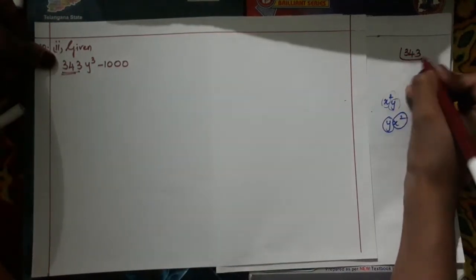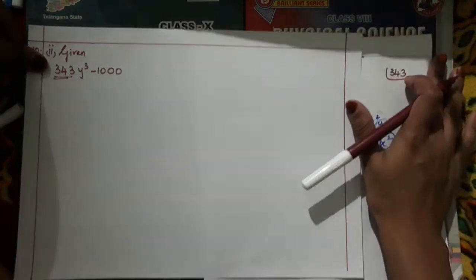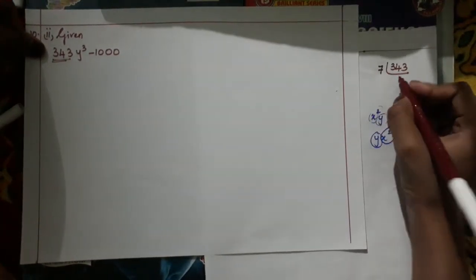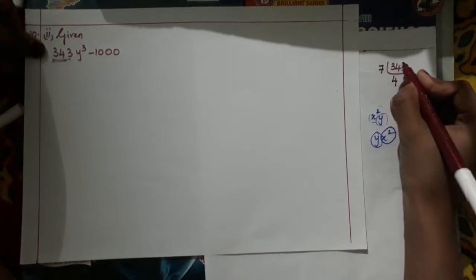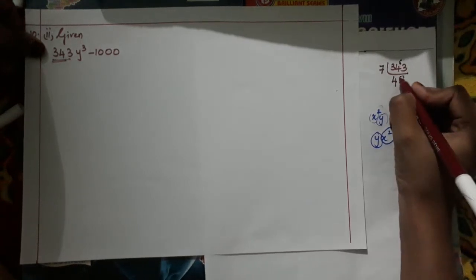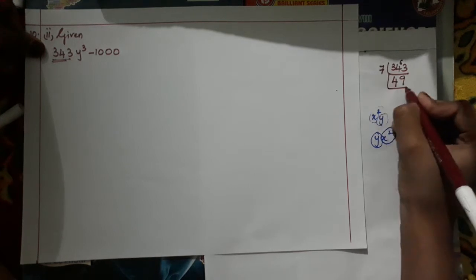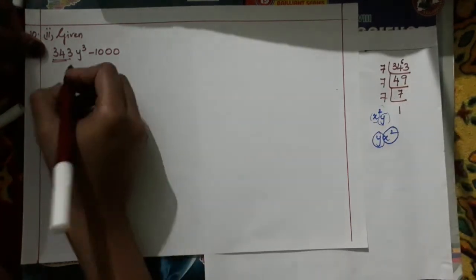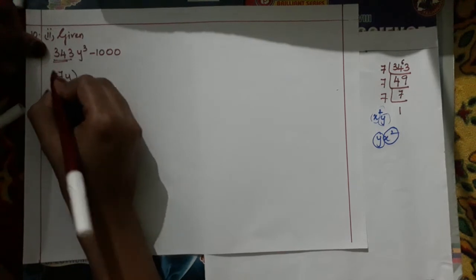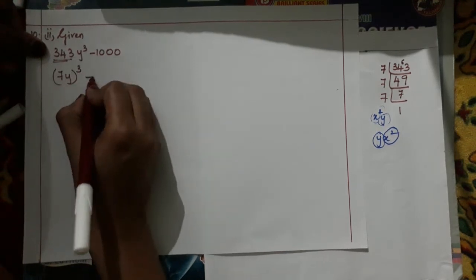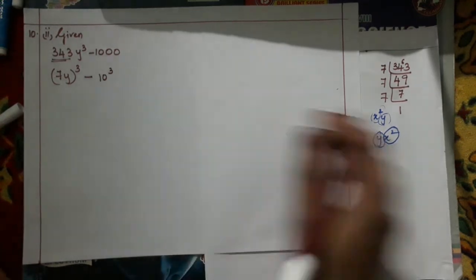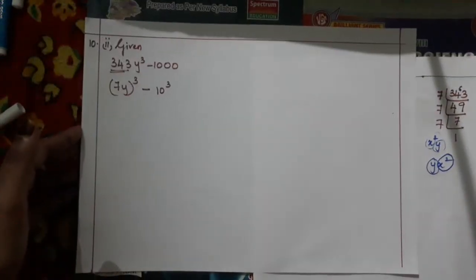Now this will go in which table, children? 7 table. 7 4s are 28, we are left over with 6. 7 9s are 63. Then 7 7s are 49. Then 7 1s are 7. So I can write 7y whole cube minus, for 1000 how can I write? 10 cube.